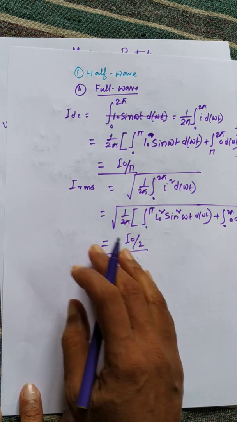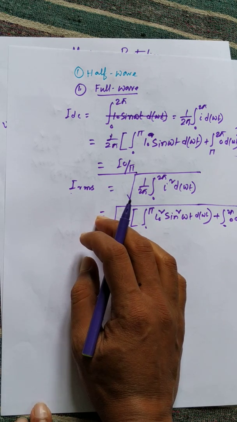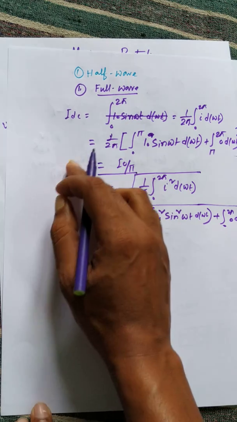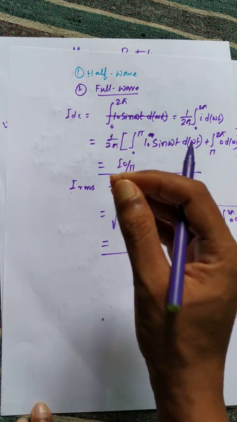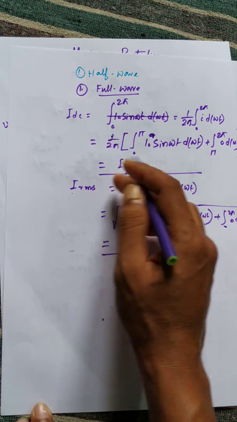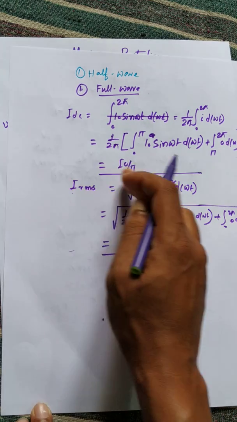Now, what will be the value of the RMS current in the load? The RMS value of the AC component of the load current in the circuit.